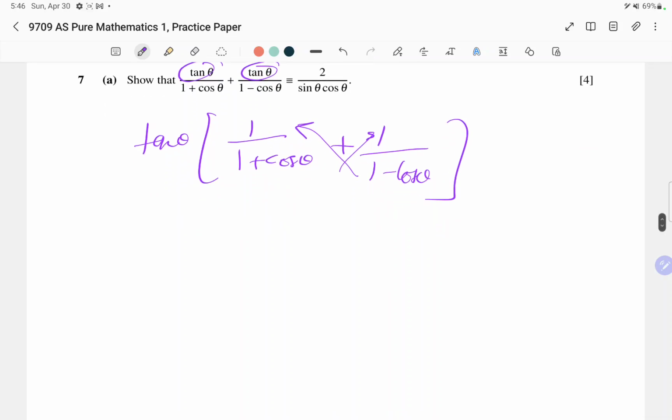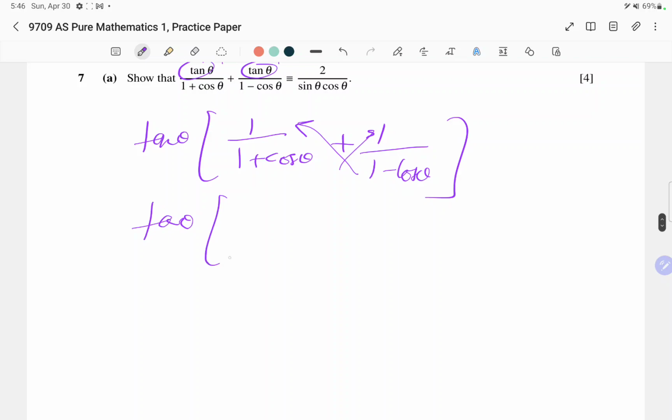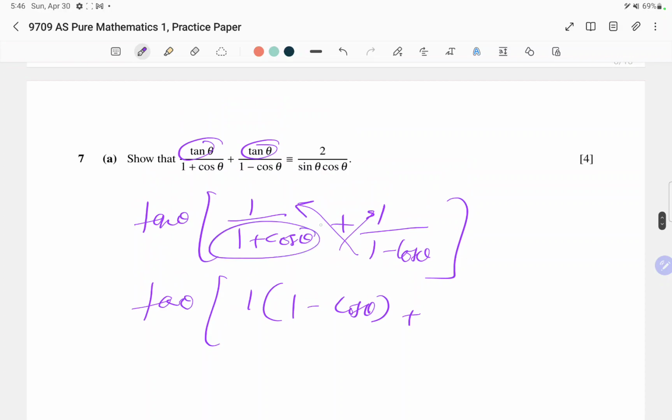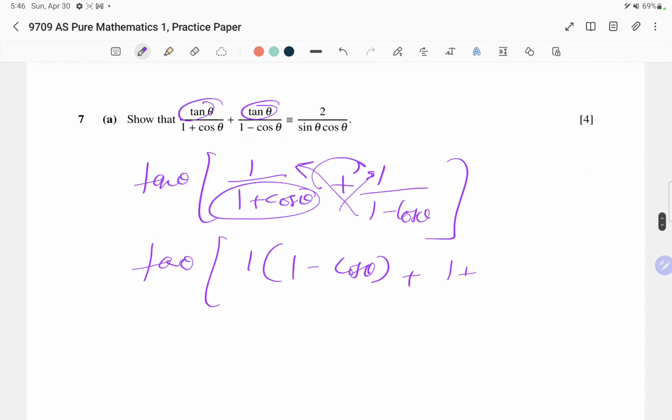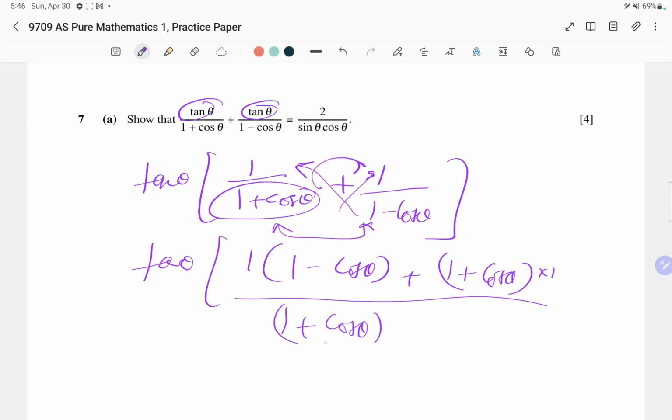Now, you know this logic. So 1 minus cos theta is multiplied with the 1 minus cos theta, plus this 1 plus cos theta will multiply to this one, and then divided by, you have to multiply these two brackets, 1 plus cos theta and 1 minus cos theta.